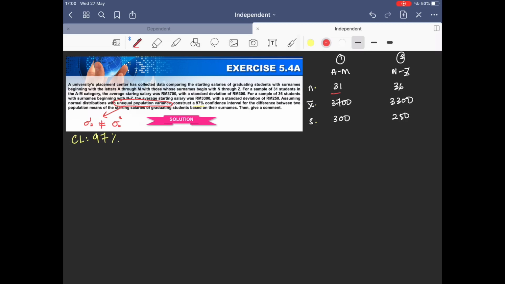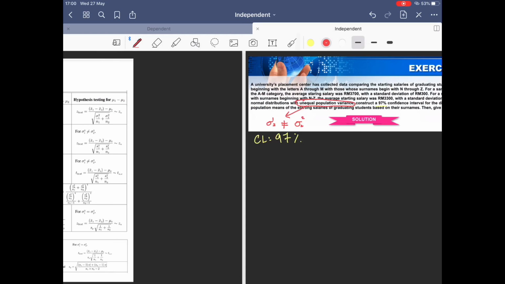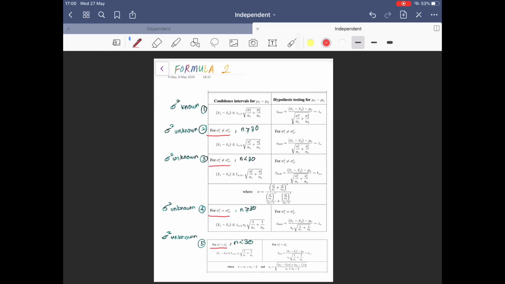And here your sample size is more than 30. So which formula? Here. Sigma 1 square not equal to sigma 2 square, and the sample size more than 30. So we should use this formula.